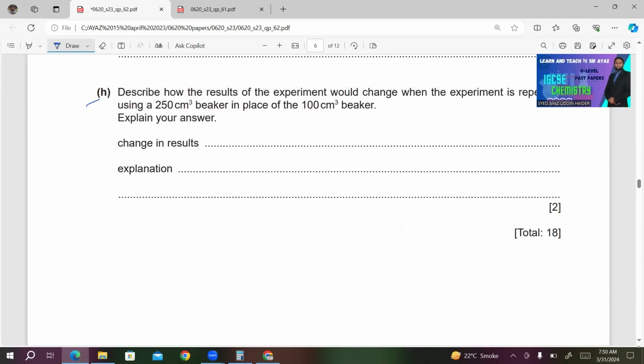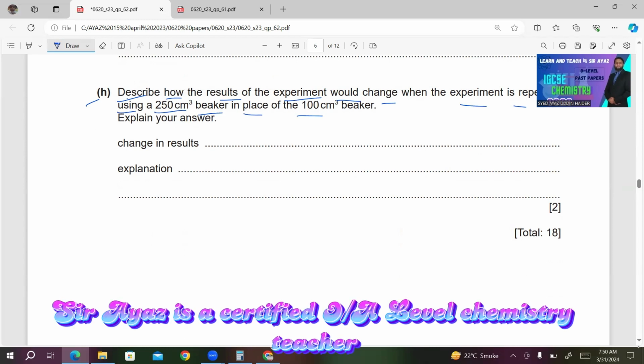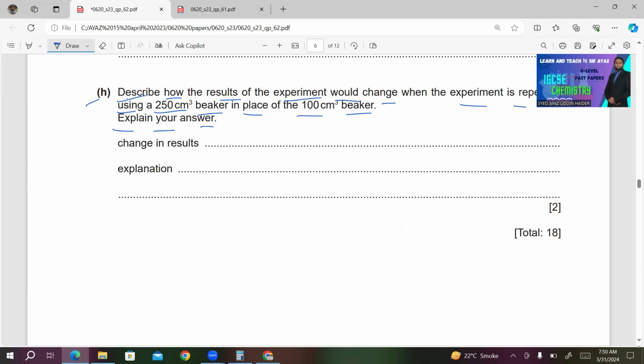Part H, describe how the results of the experiment would change when the experiment is repeated using a 250 cm³ beaker in place of a 100 cm³ beaker. Explain your answer. So definitely there will be less depth to look through the text, and it also decreases the time.